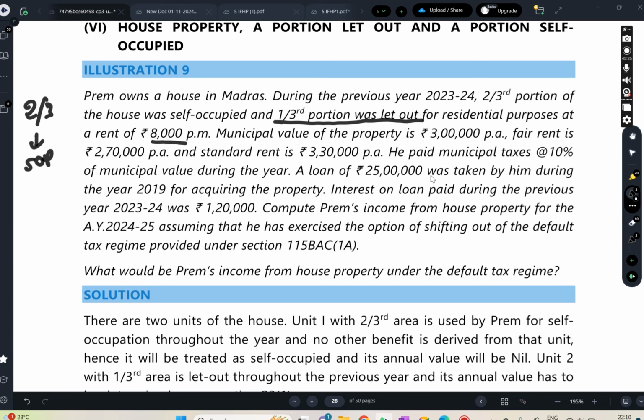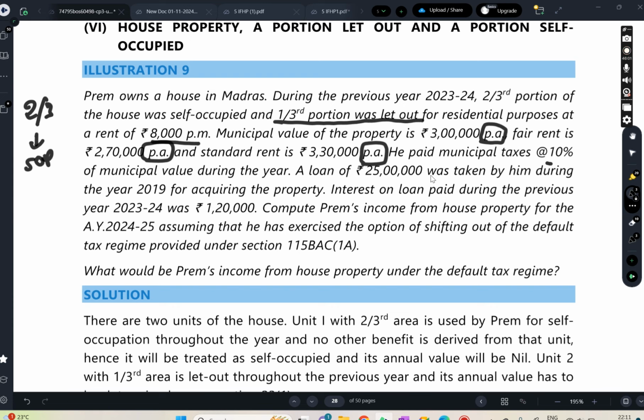At a rent of 8,000 per month. Municipal value of the property is 3 lakh per annum. Now what should we do? They have given municipal value per annum, fair value per annum, standard rent per annum. We are taking them separately, right? 2/3 separately, 1/3 separately. So we need to split all these things.